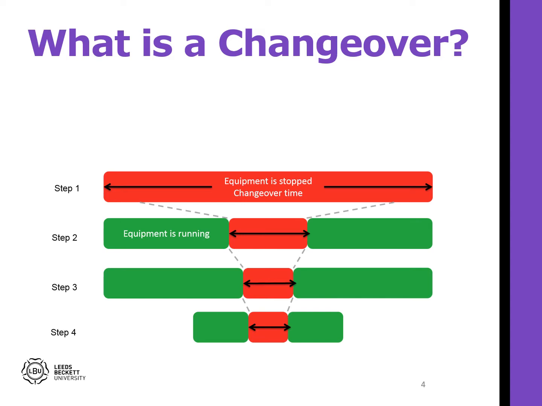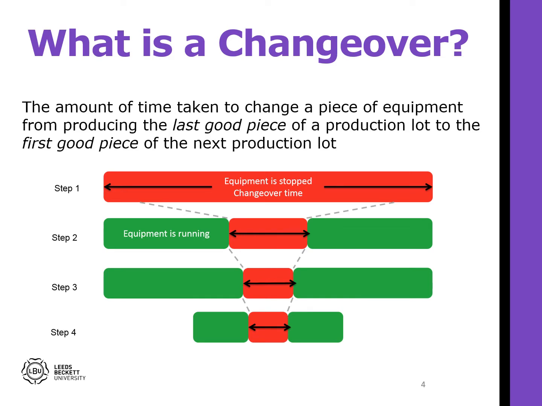But a changeover is only complete when product A finishes and the machine is making acceptable product Bs. So you have to make one product B, get it checked, and then you can go on to production as well. So it's the amount of time it takes to change a piece of equipment from producing the last good piece of a production lot to the first good piece of the next one.